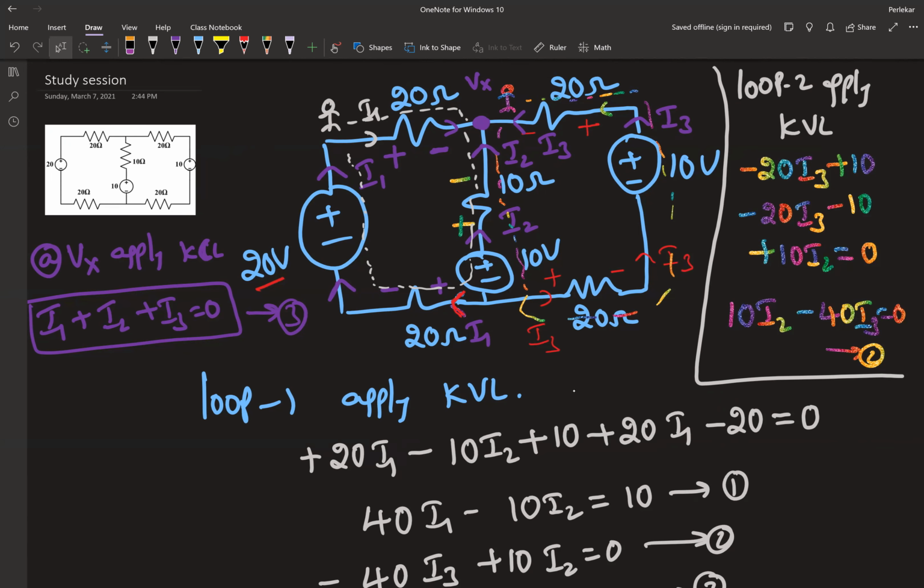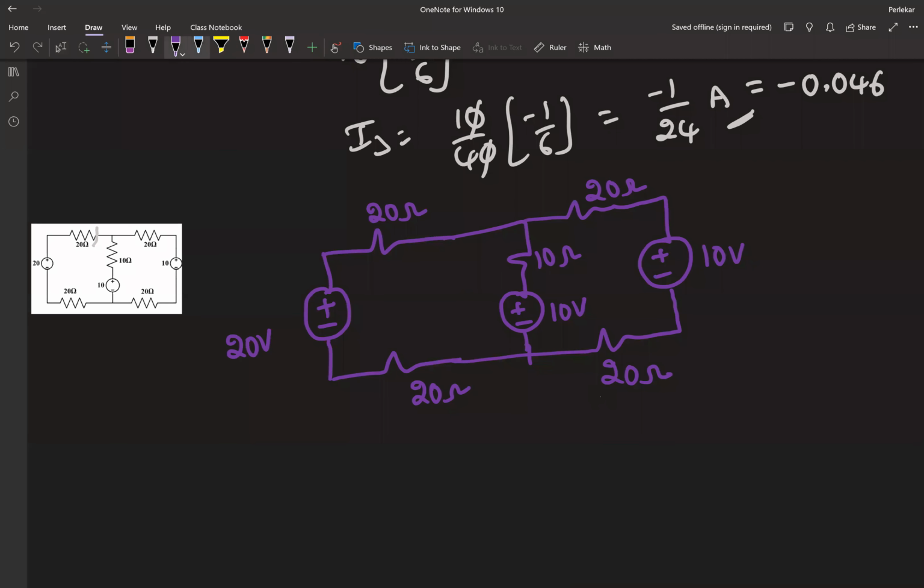Let me copy it. So here I'm doing the same example, but here I'm going to do it by using mesh analysis, or I'm going to apply KVL, Kirchhoff's voltage law. So here in this loop, I'm assuming I1 current, and in the second loop, I'm assuming I2 current passing through this.